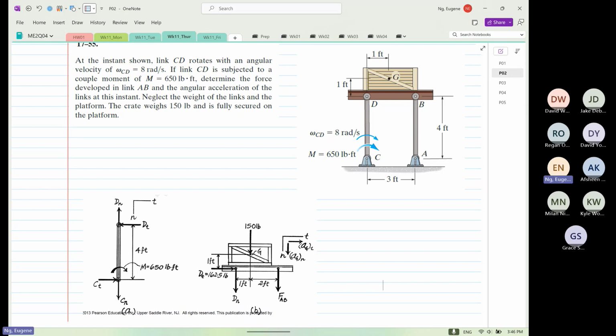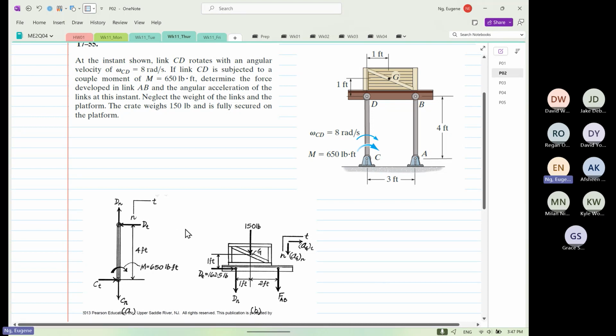If the link CD is subjected to an upward moment of 650 pound-feet, determine the force developed in the link AB and the angular acceleration of the link at the instant. Neglect the weights of the links and the platform. The crate weighs 150 pounds and is fully secured onto the platform.